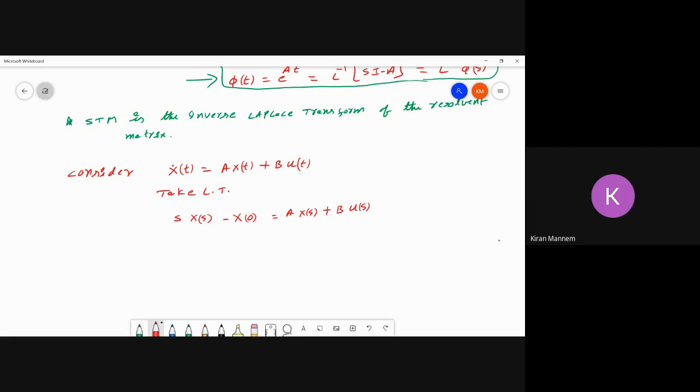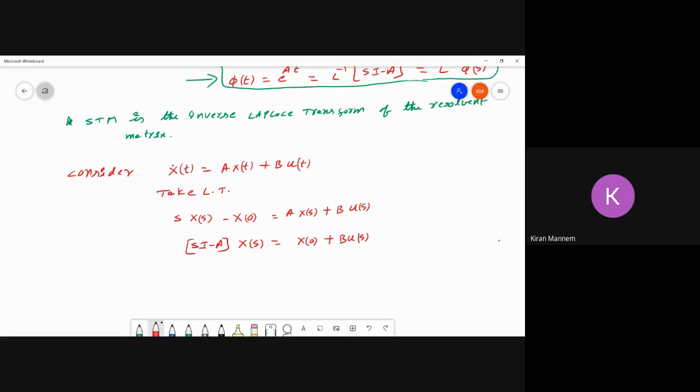So I can rewrite this equation as sI minus A into x of s is equal to x of 0 plus B into u of s. Right?